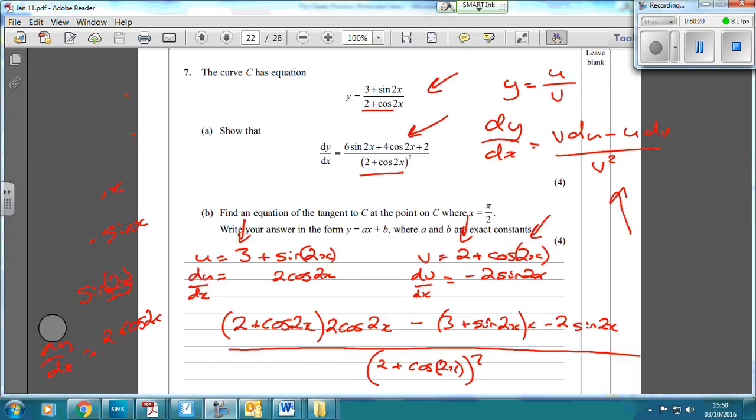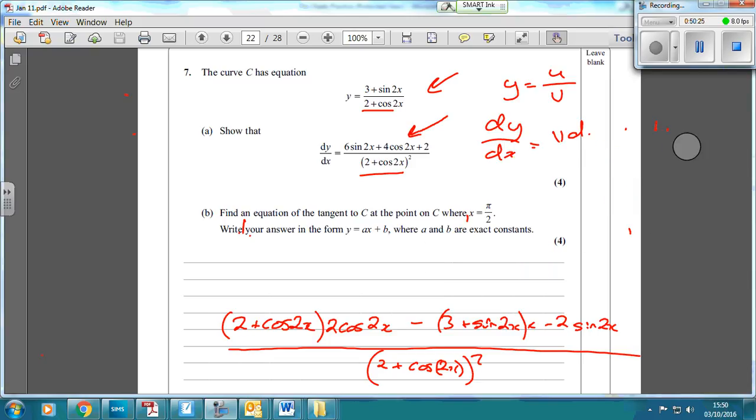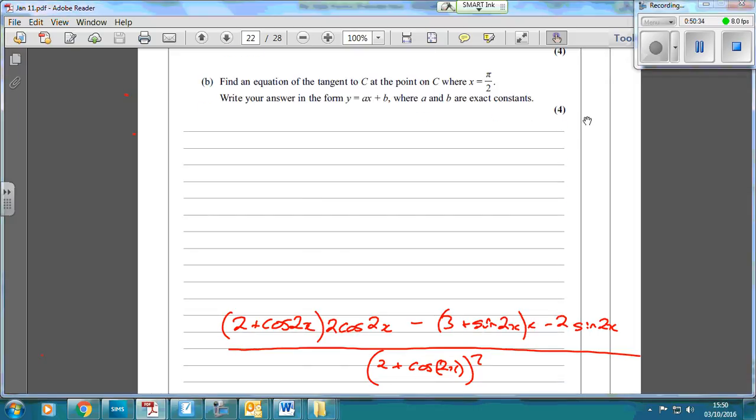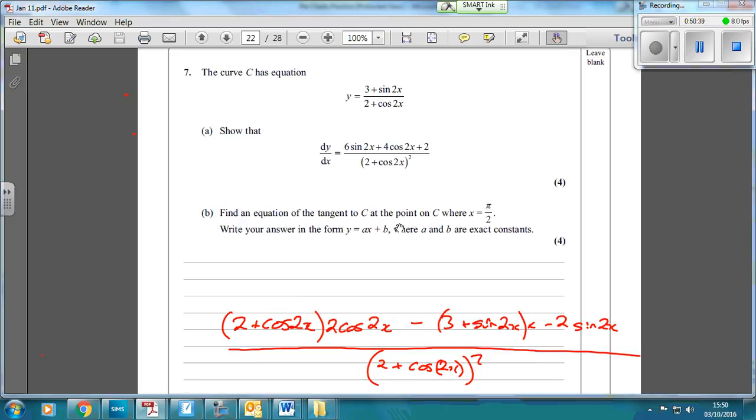So now what we've got to do is simplify that so it looks like this. I get rid of all this stuff here, give me some space to work on. You'll notice that there's no squares here, so hopefully things should start to cancel out.